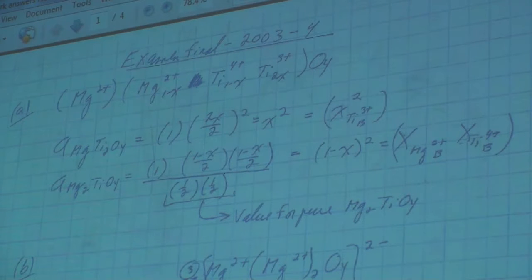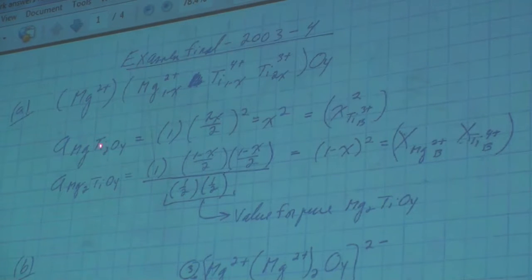If you want to treat it as just a simple ideal mixing solution, this would be the ideal mixing activities. The activity of MgTi2O4 is just like we use it for any sublattice model. It's the site fraction of magnesium on this lattice times the site fraction of titanium 3 plus on the second sublattice squared.